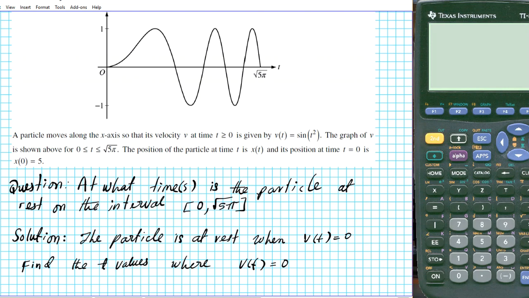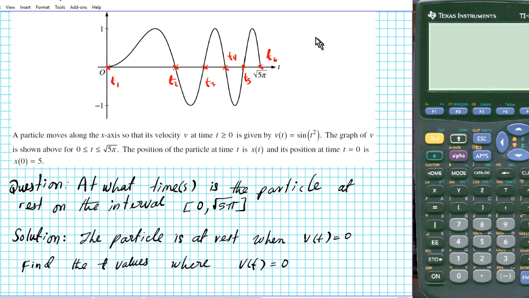Alright, so if you take a look at the graph, this is the first one right here, we can call that t1. This is the second one right here, t2. Third one, t3. Fourth one, t4. Fifth one, t5. And then the last one, of course, t6.